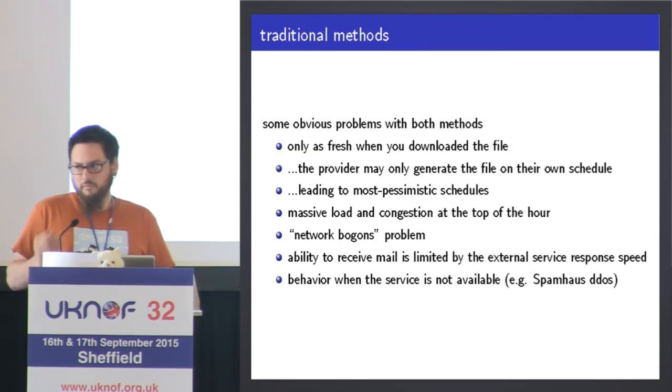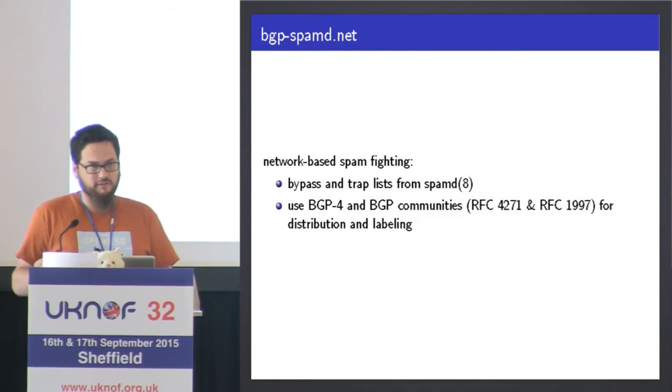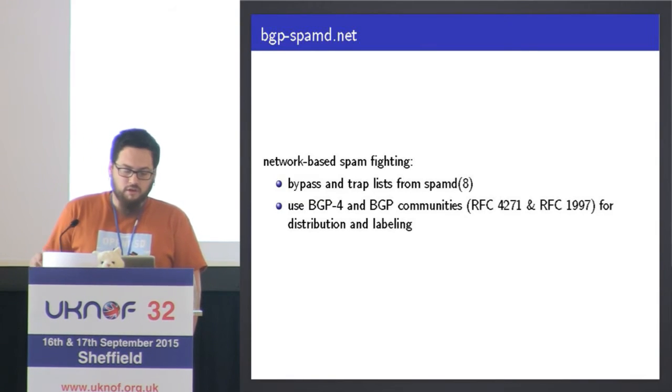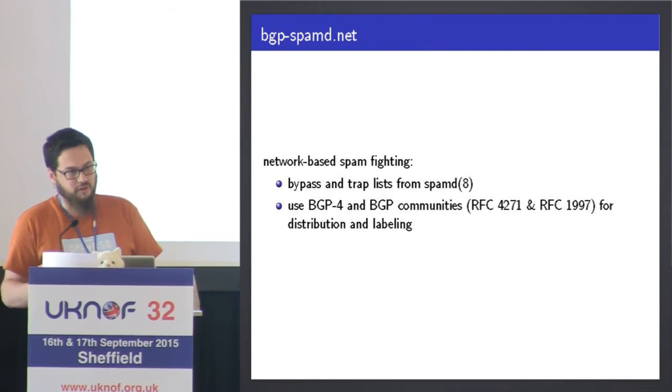So what I'm doing instead is combining the two methods of having local storage and automatic updates. I am taking the whitelists and blacklists that you find from a gray listing service and distributing them into BGP.